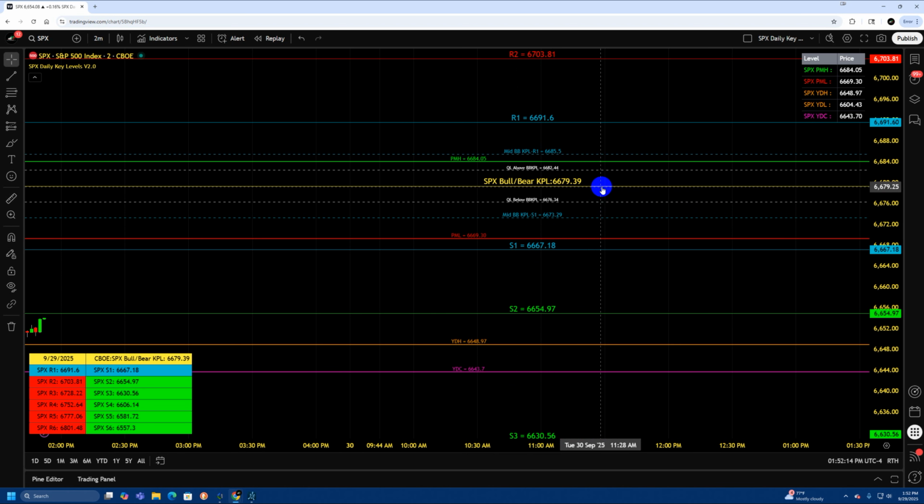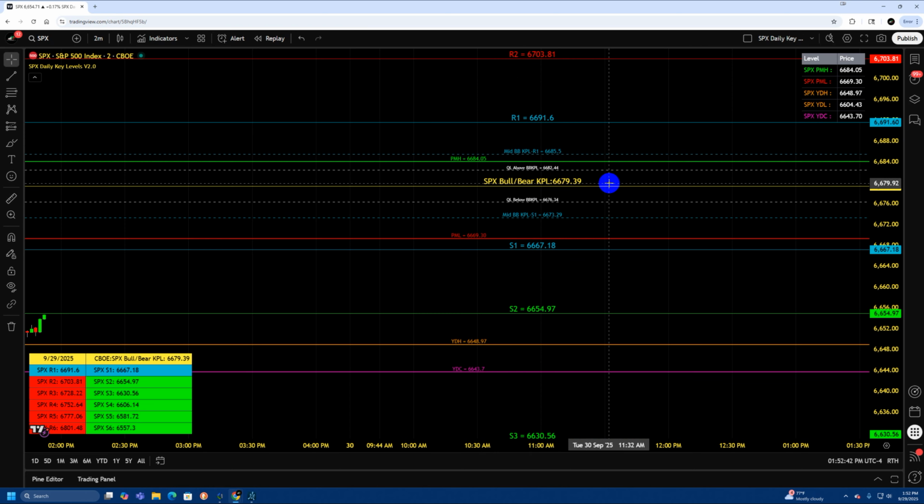Conversely, on a bearish trade taken from the BBKPL level, your tight stop loss is the QL above the BBKPL, and your standard stop loss is the first midpoint above the BBKPL, which is mid BBKPL R1.